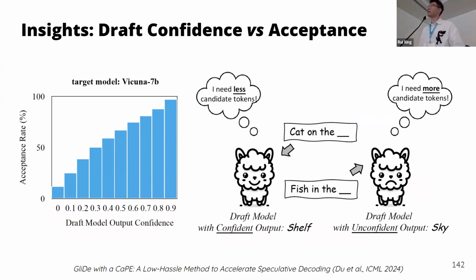If the draft model has a high confidence in its prediction, like the top one prediction having a confidence higher than 90%, we can find that the final acceptance rate of this draft token is also up to 90%. So it is a good kind of estimation, right? We can just use the confidence of the draft model as an estimation of the value of draft tokens.